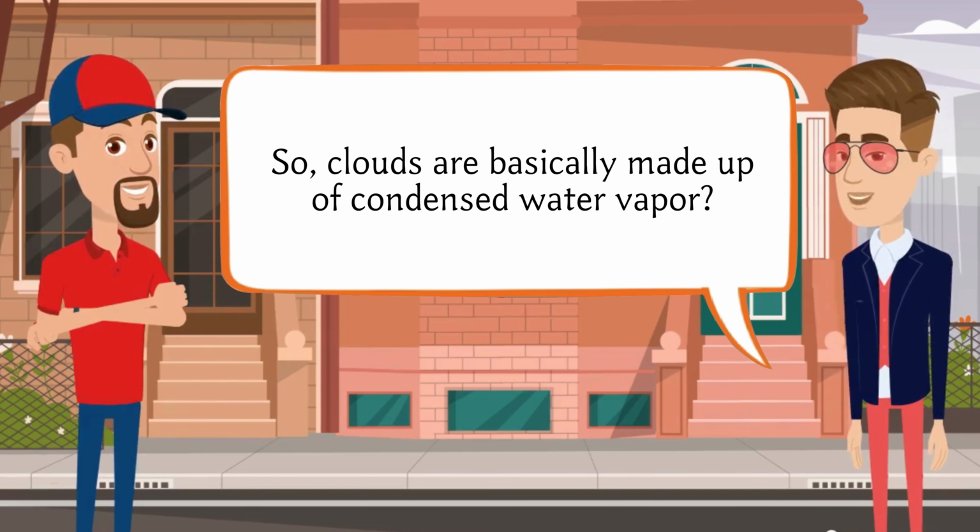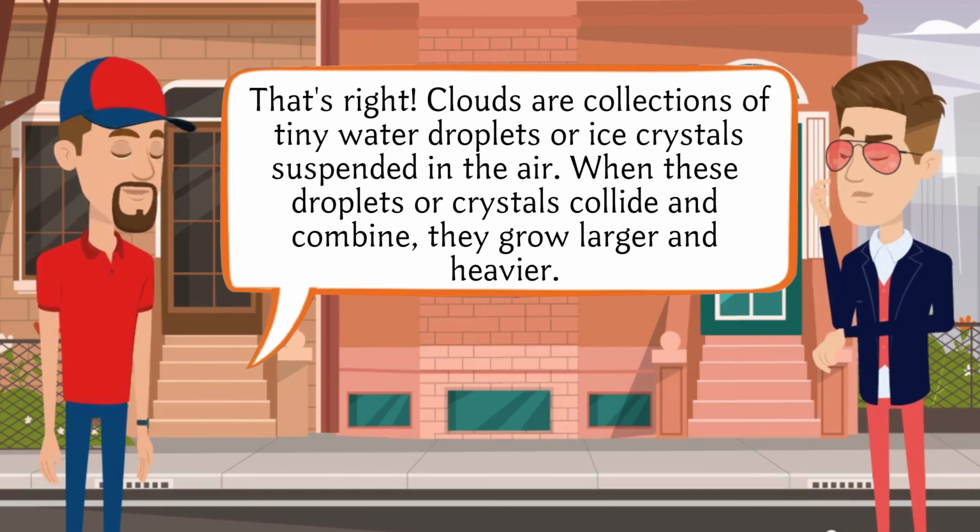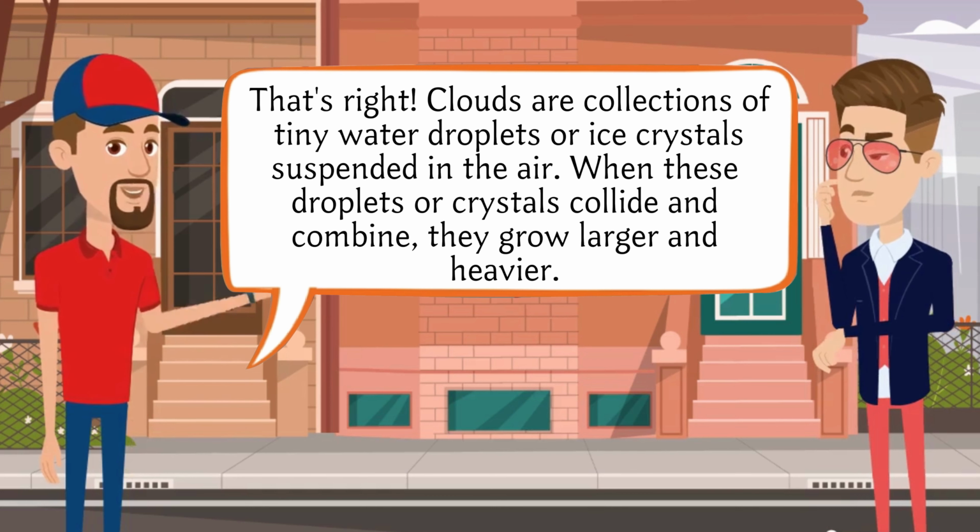So, clouds are basically made up of condensed water vapor? That's right. Clouds are collections of tiny water droplets or ice crystals suspended in the air. When these droplets or crystals collide and combine, they grow larger and heavier.